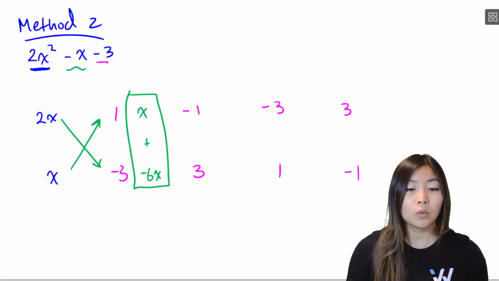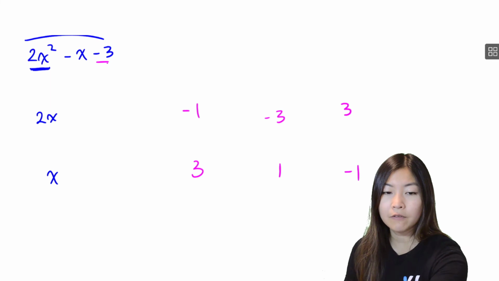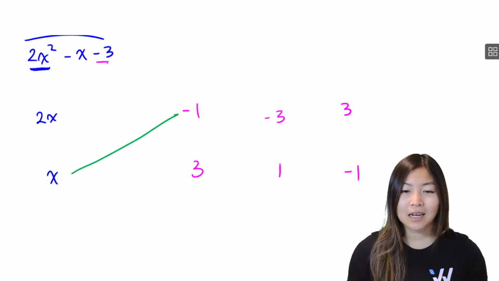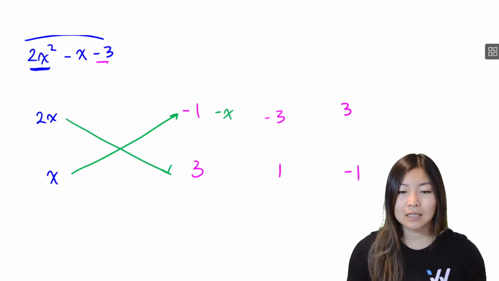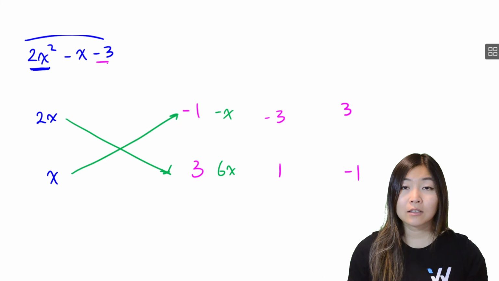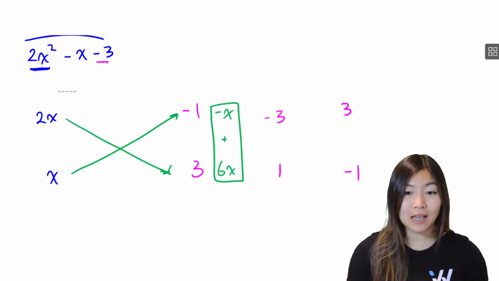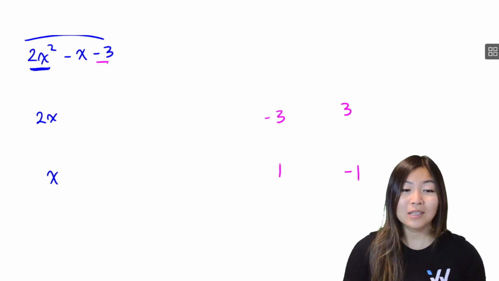So if it doesn't work, we clear all of this middle stuff, and then we move on to the next set of numbers. So x times negative 1, that's negative x. 2x times 3, that's 6x. And we ask ourselves, does negative x plus 6x equal our middle term, negative x? Again, it doesn't, so we are going to clear everything in the middle again, and then move on to the next term.